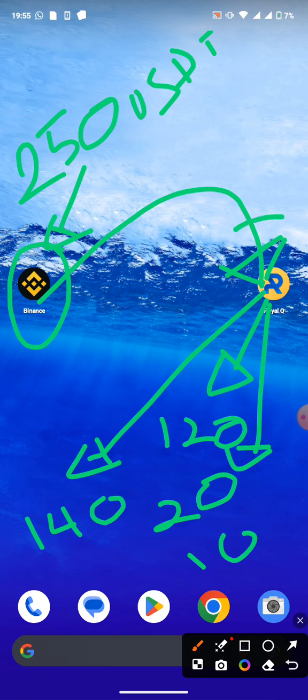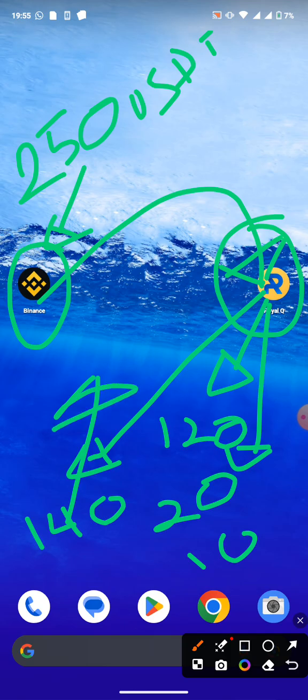When you subscribe your RoyalQ robot, from the 140 that you have transferred, you will find out that they have deducted only 120 USDT. So the 20 is remaining as your fuel fee, because this 120 is for buying this robot so that you can use this robot for the full year.